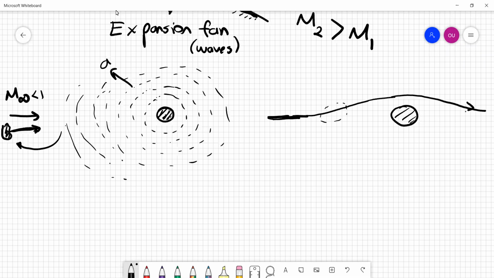Because they have ample amount of time and they know that a solid object is here, they are adjusting their trajectory. And that adjustment is due to this propagation of waves. The information has already reached the fluid particles.